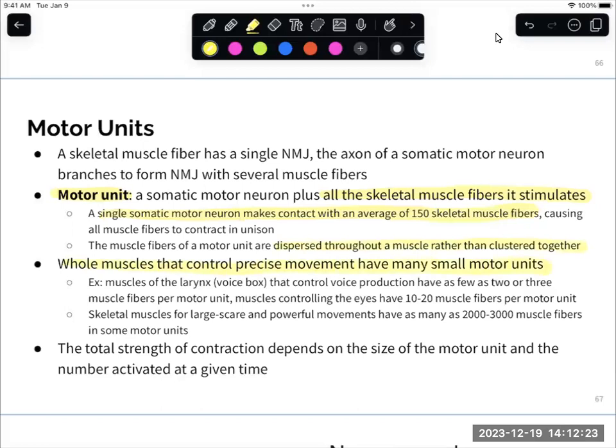We do have some whole muscles that control precise movement, so they have very small motor units. Speaking, that voice box. The muscles that control your eyes, that allow you to move your eyes around. We have some skeletal muscles that have a motor unit of 2,000 to 3,000 fibers. Your back, it just kind of depends on where they're located.